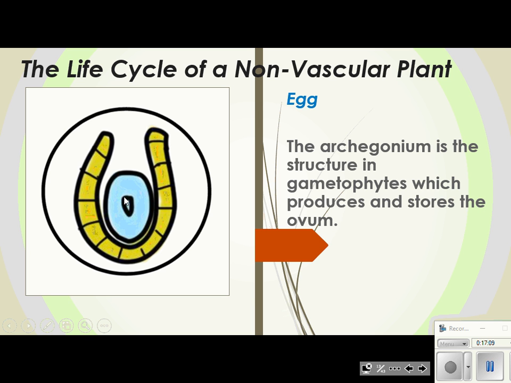So, this little yellow area is that archegonium, with the egg right inside of that particular area. So the archegonium is the structure in gametophytes that produces and stores the ovum, which is the egg.